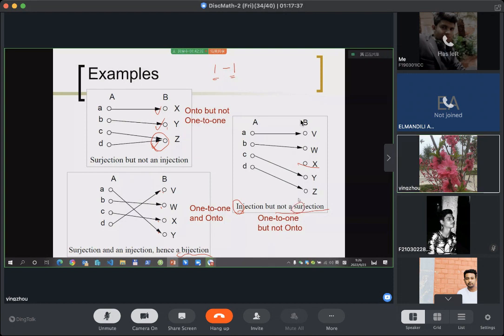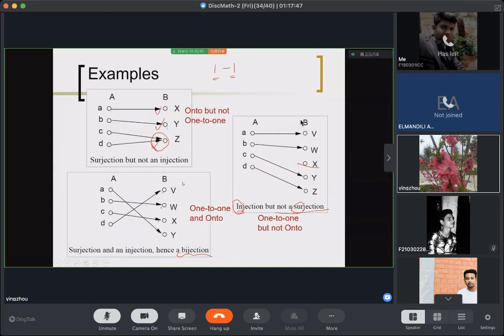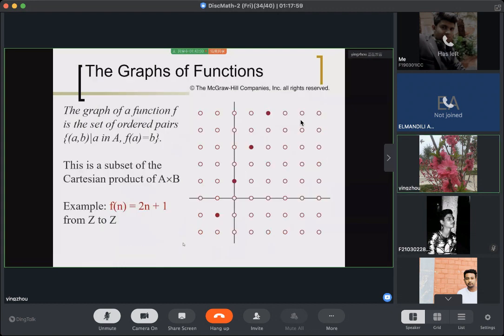Third, that means onto. And five, that means both. Five is both.